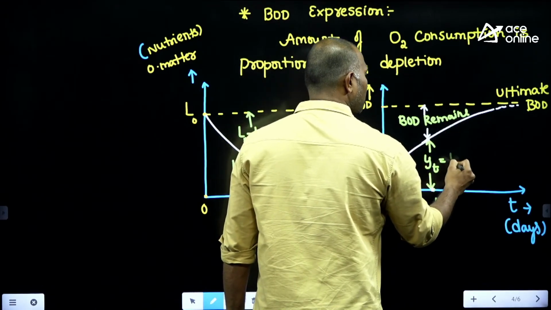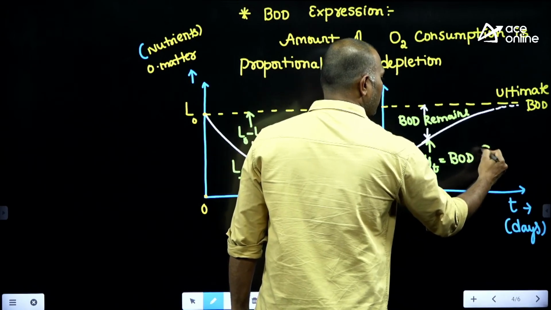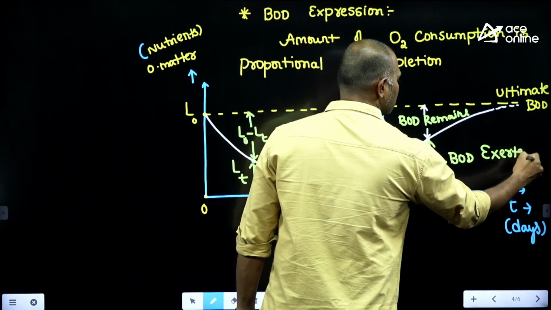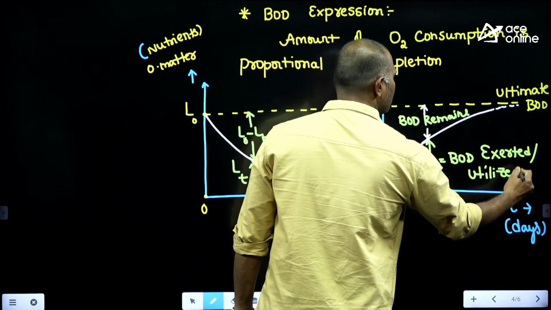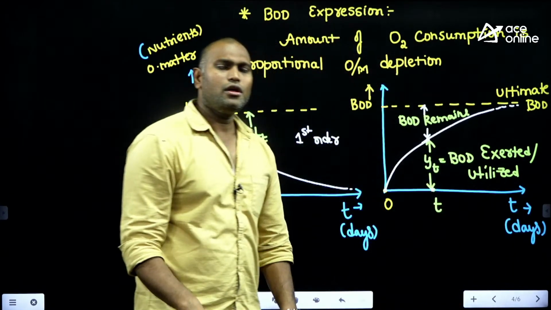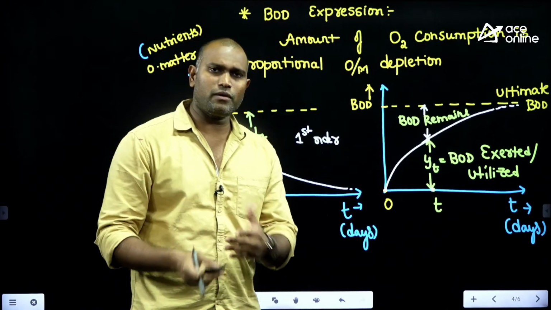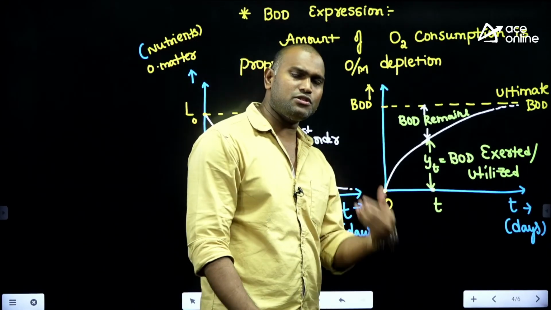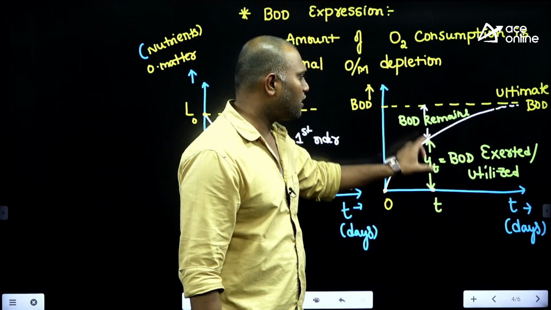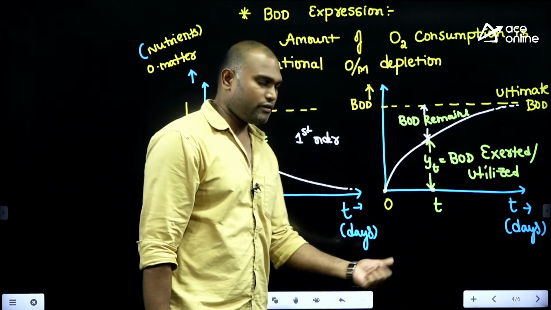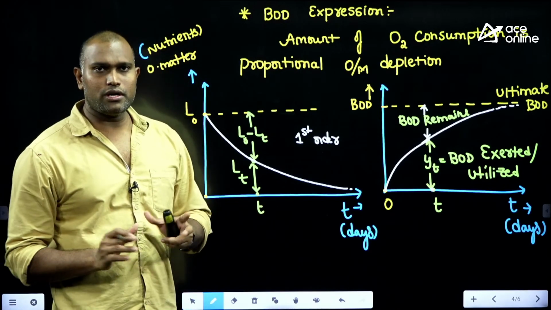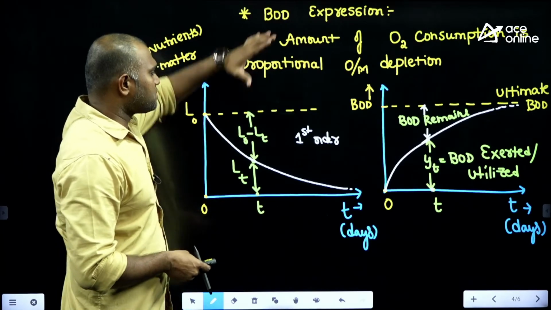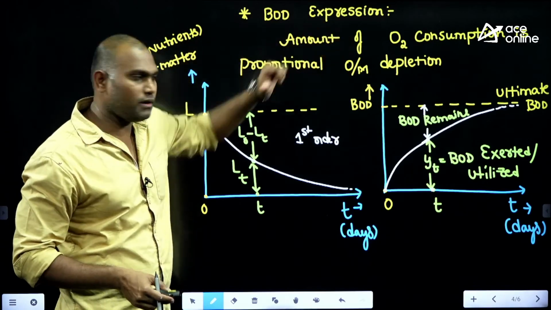And this is nothing but BOD exerted, or utilized, or consumed, or removed. How much oxygen is removed from the system, consumed by the system, is YT. Remained is this value. Now from this graph, I hope you understood the relation between the organic matter and the BOD.